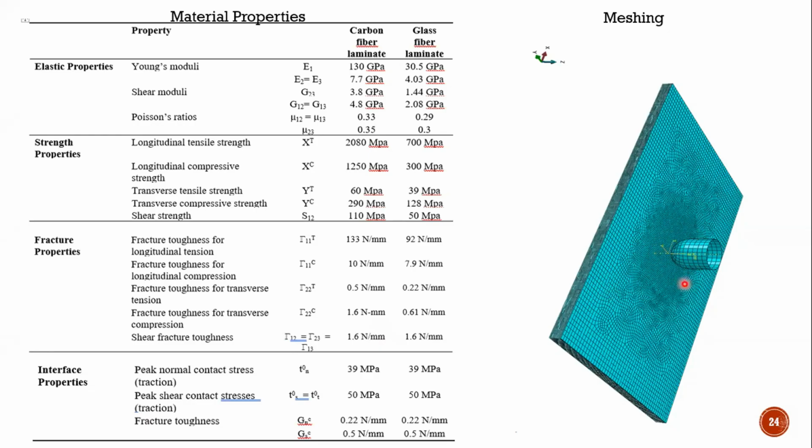And generally at the center, where we are impacting our specimen, we give a finer mesh, depending on your requirement for the solution. So we get finer results at that location, because this location is going to degrade a lot.